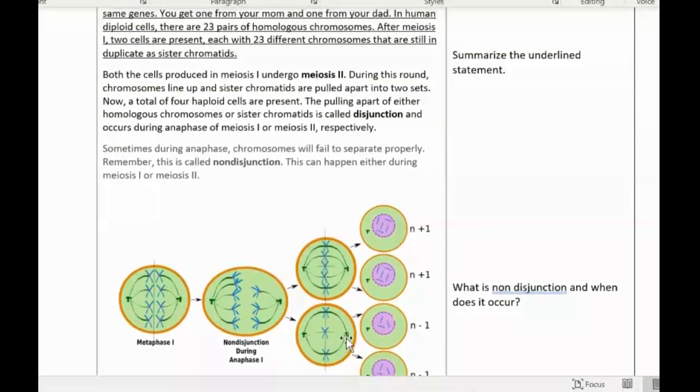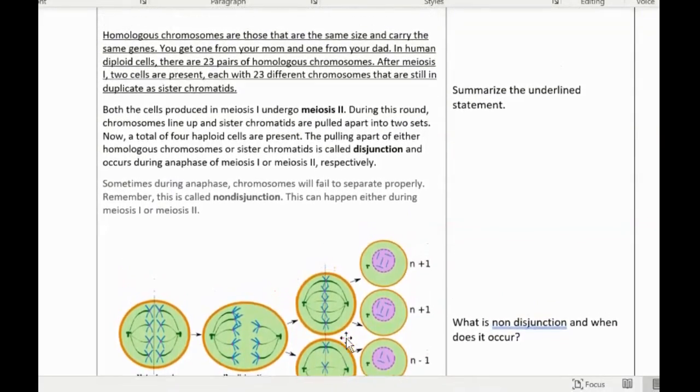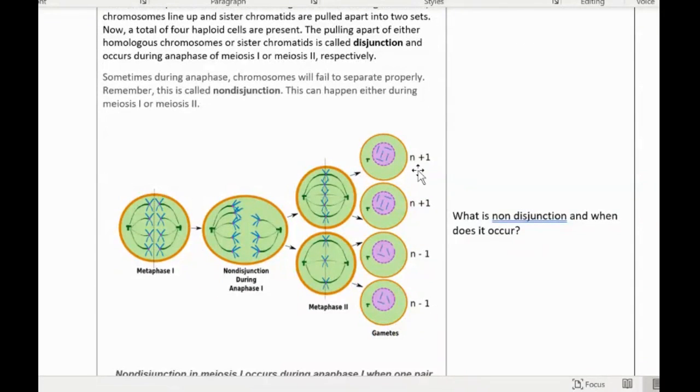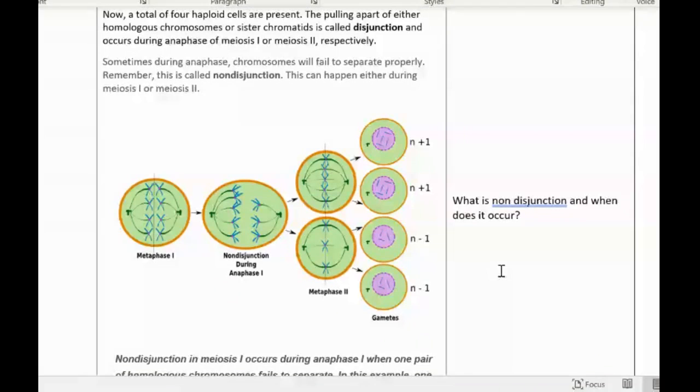How does that affect a fertilized egg? Well, if your gamete has too many chromosomes, it can cause what is called a trisomy. Or if it has too few, and it's in a set of chromosomes that are not going to affect the total health, it'll have a monosomy.